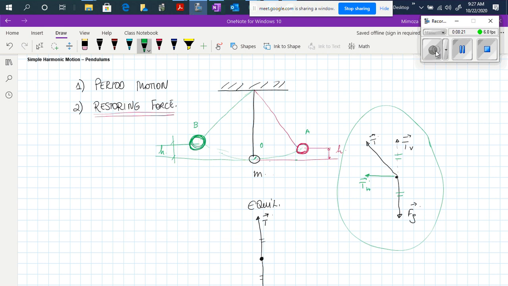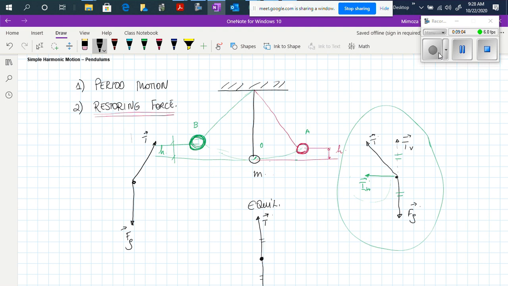Is this clear? So let's try to do the free body diagram at the other side of the swing of the pendulum, and we will see that we have a restoring force here as well. We have the force of gravity going down, and then we have the tension that always follows the same principle, starting from the object and going along the string.